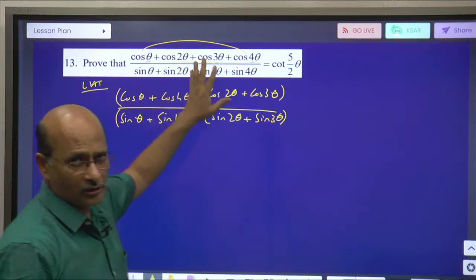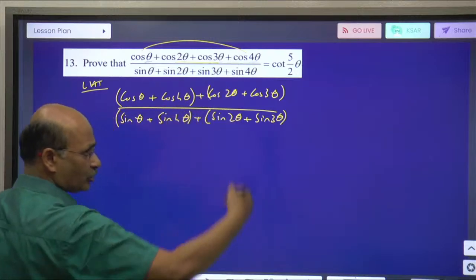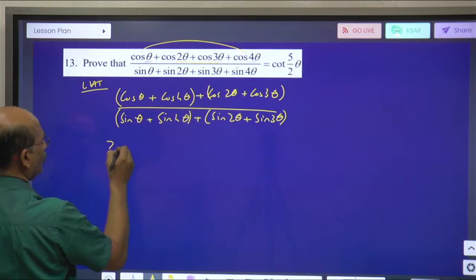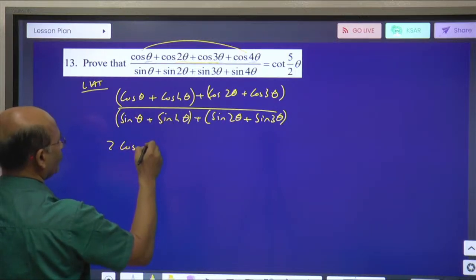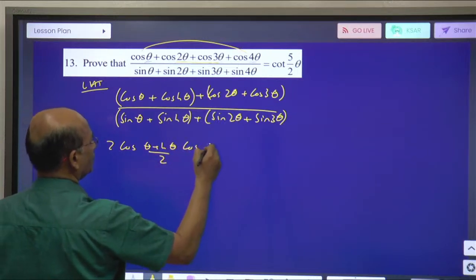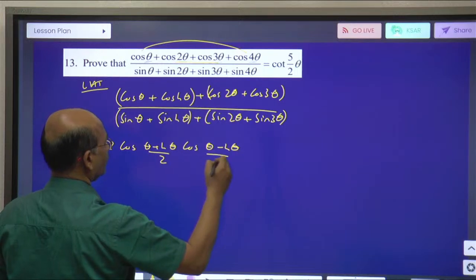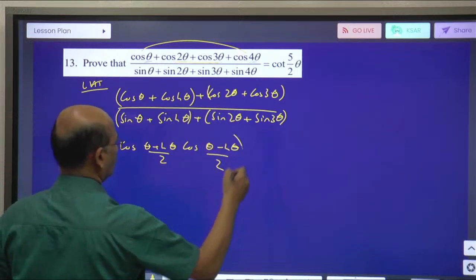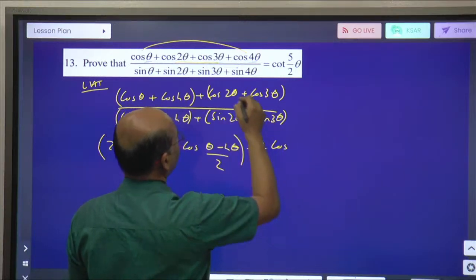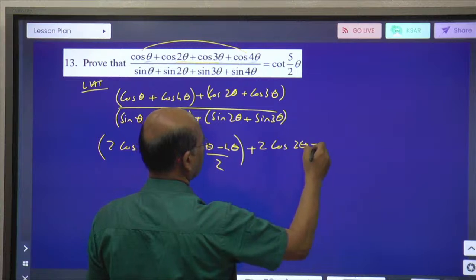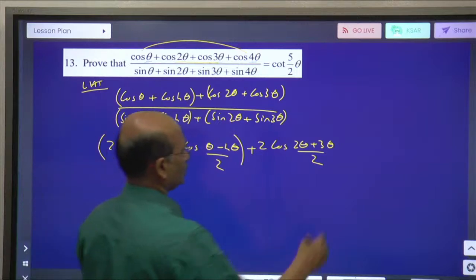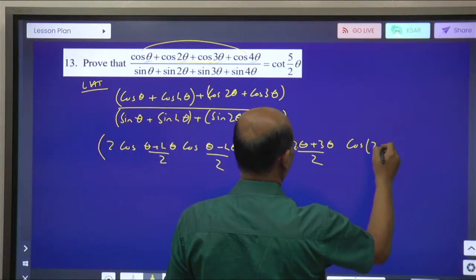Cos C plus cos D. Addition of cos is cos cos. So 2 cos of (C plus D) by 2, cos of (C minus D) by 2, plus 2 cos of (C plus D) by 2, cos of (C minus D) by 2.